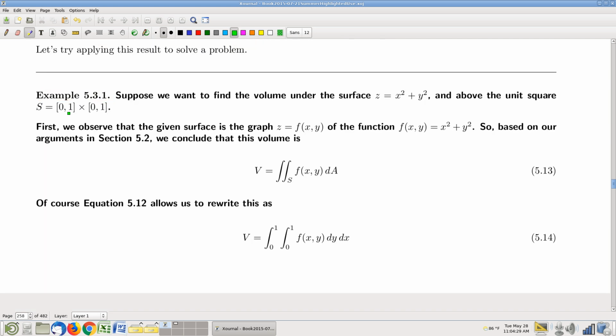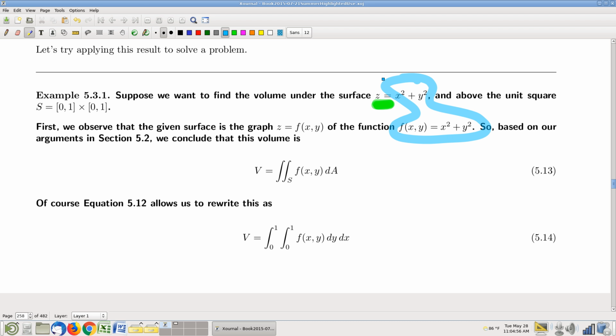So let's compute the volume under that surface. Notice that this surface is a graph of that function. Right? Quick callback to older stuff. What's important about this surface is what it is a graph of, because I need to know how to interpret heights.